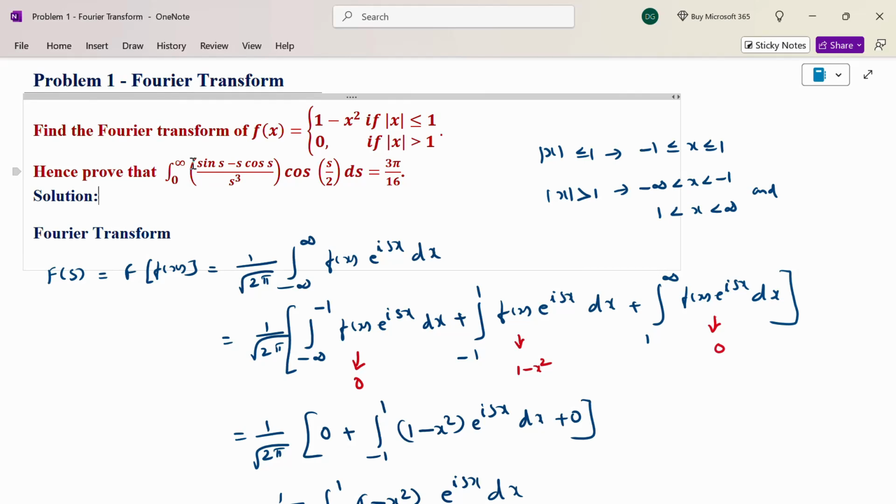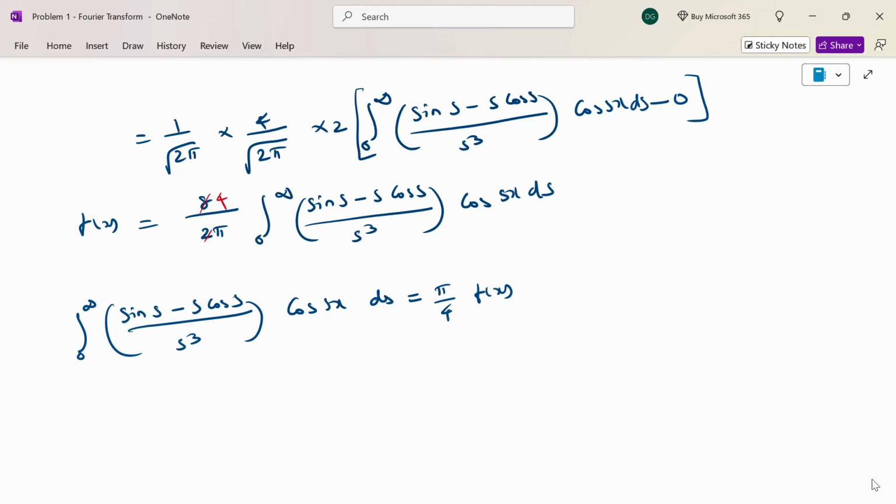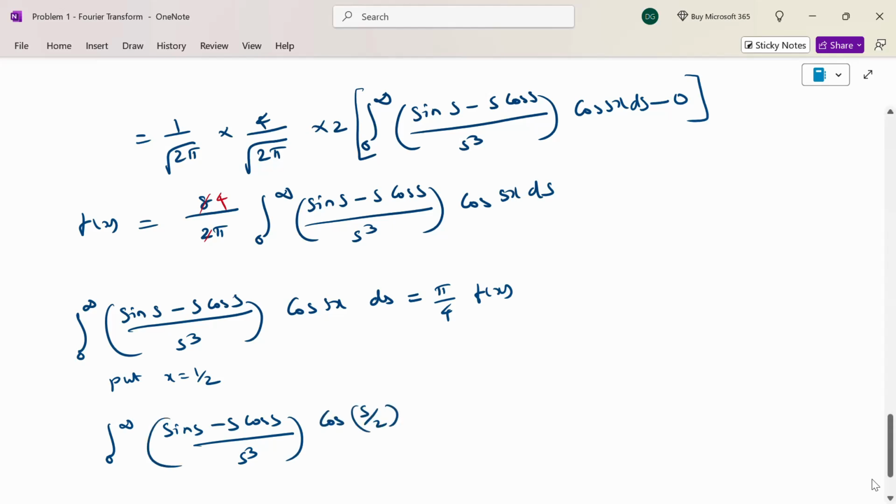Therefore I am going to take x equal to 1 by 2. Why am I taking this? Because here I want the value s by 2. So the integral from 0 to infinity of sin s minus s cos s by s cube, cos s by 2 into ds, and pi by 4 f of 1 by 2.